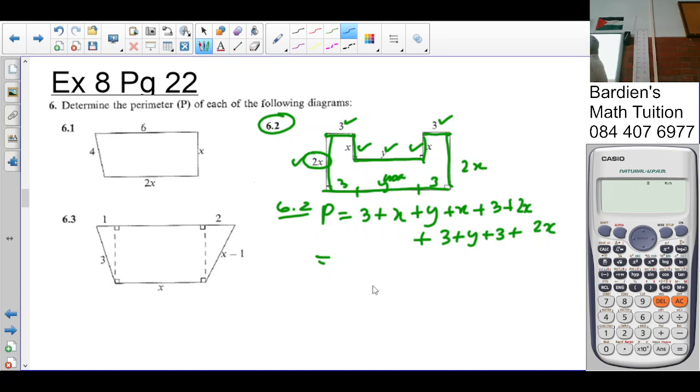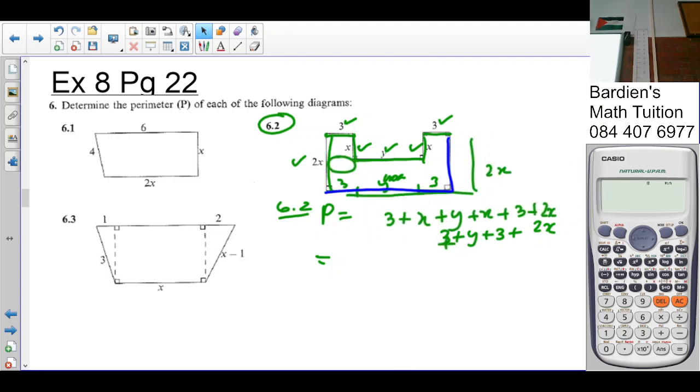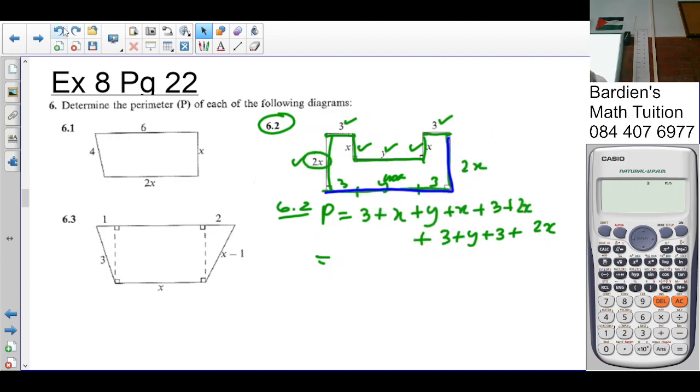But that was part of the perimeter, the outer side. You must remember that this length here is the same as that length here. Likewise, this length here is the same as that length from there to there. From here to here is your y, from there to there is also y. Makes sense?